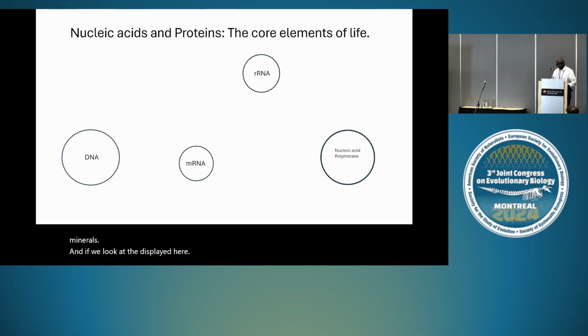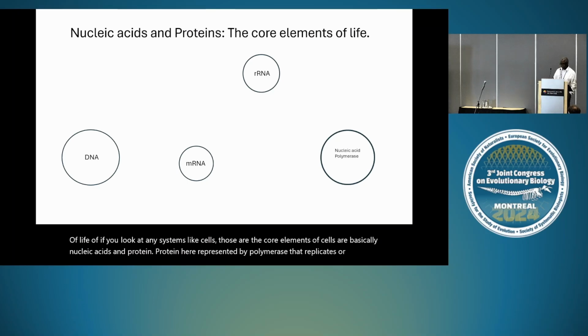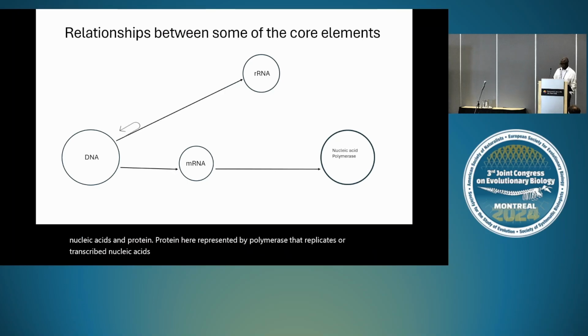the core elements of life. If you look at any system like cells, those are the core elements of cells. Basically, nucleic acids and protein. Protein here is represented by a polymerase that replicates or transcribes nucleic acids, and the relationship between those different elements, none of those elements happen spontaneously.